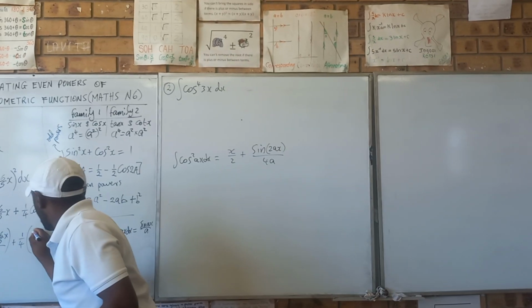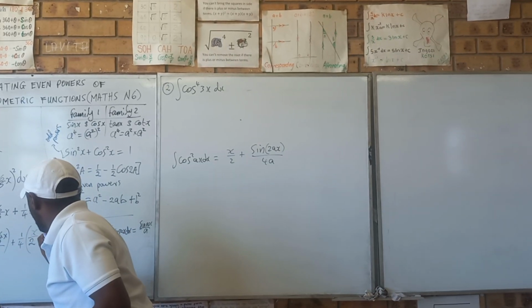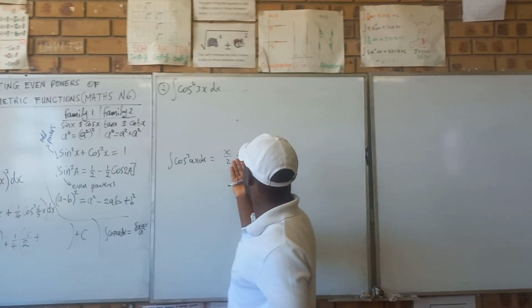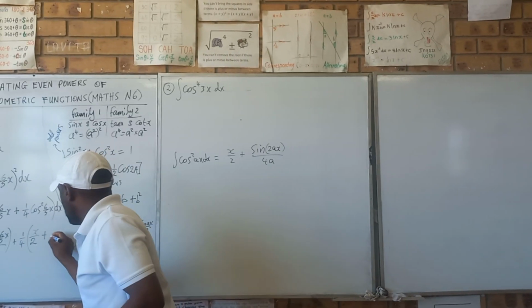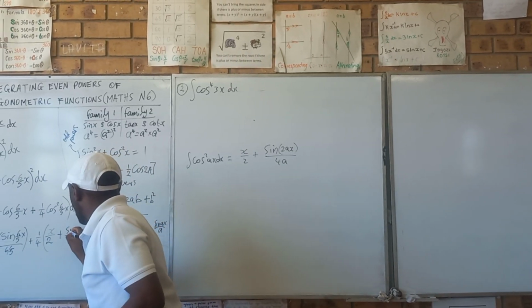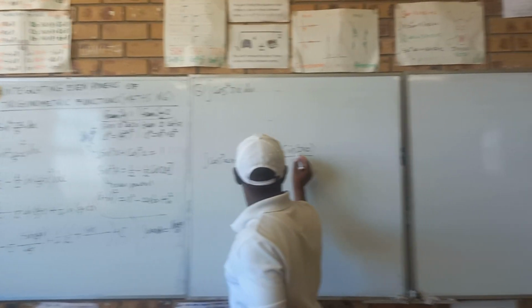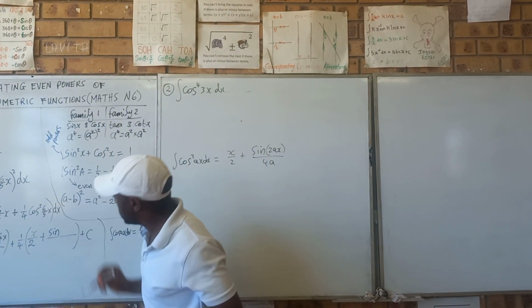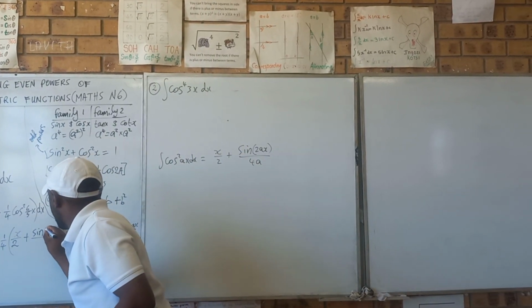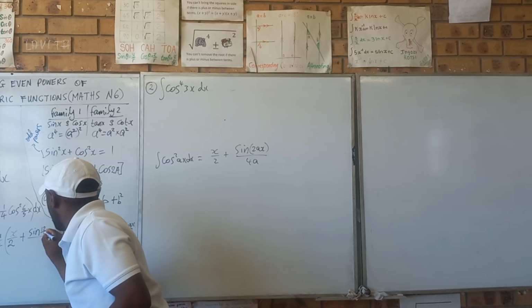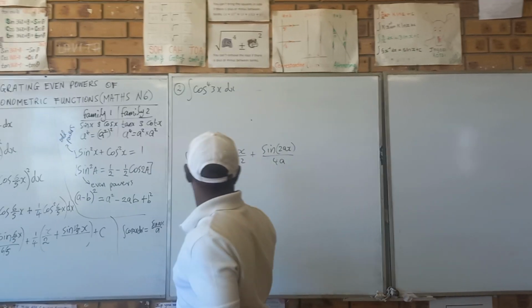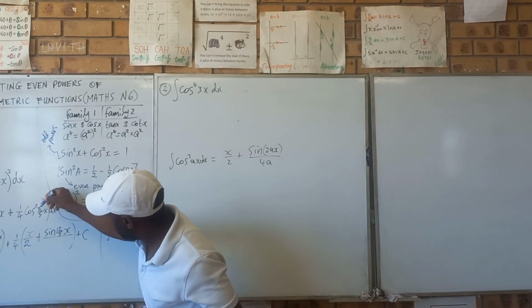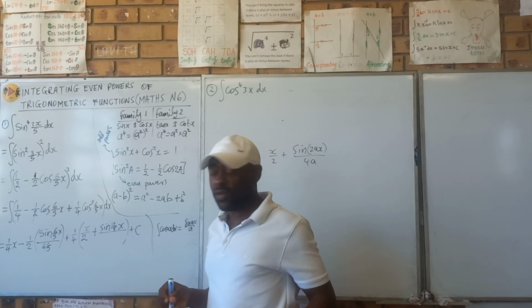So that means here I'll get my x over 2 followed by a positive sign as you see in the formula. Then I get this fraction where I'll have the sine of 2 times a, that means 2 times 6 over 5. That gives me 12 over 5x. Then I divide by 4a, that means I take 4 times 6 over 5.